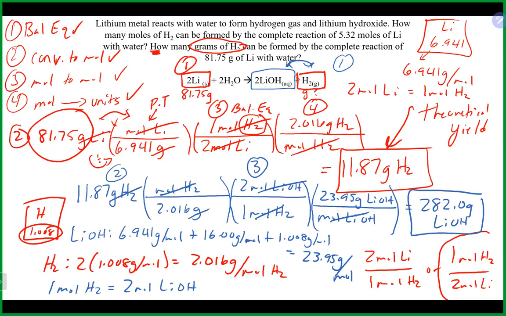So again, you can use stoichiometry between products and products, reactants and reactants. You go across the arrow one way, across the arrow the other way. It all works the same way in terms of the relationship. Any questions on that there? All right.